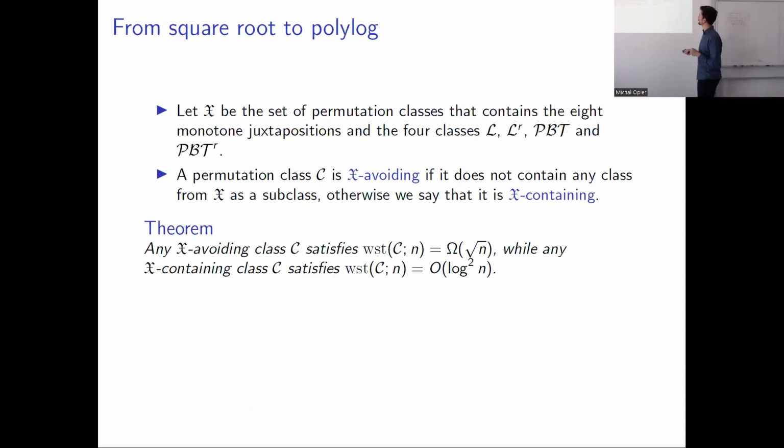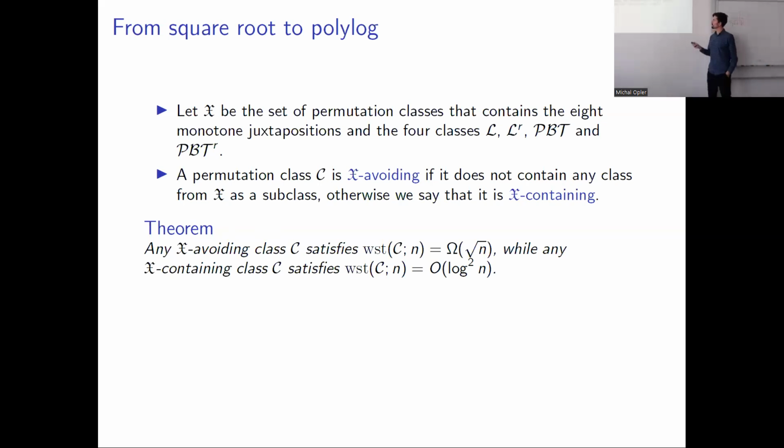And so we call capital Chi the set of permutation classes that are all the monotone juxtapositions, the layered permutations, their reverse, the parallel block transpositions, and their reverses.